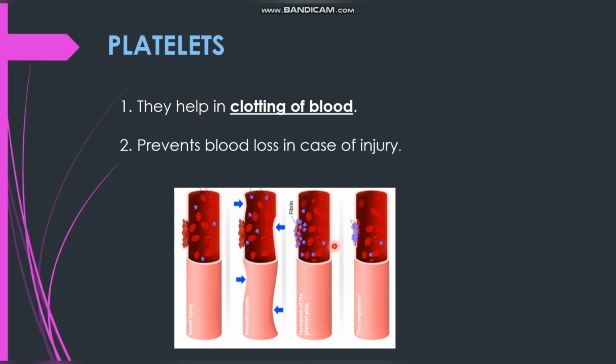That's how they make a wall. This is called blood clotting. They make a wall and stop the blood from flowing out of the body, and that's how they prevent loss of blood.